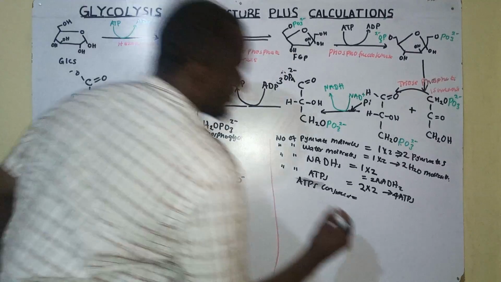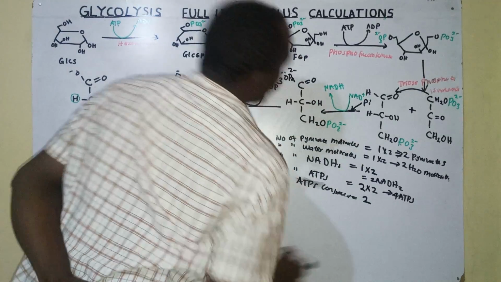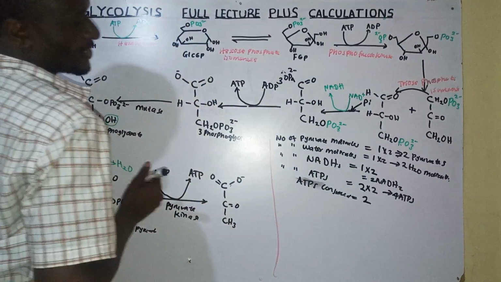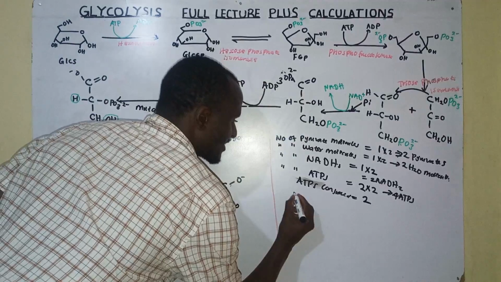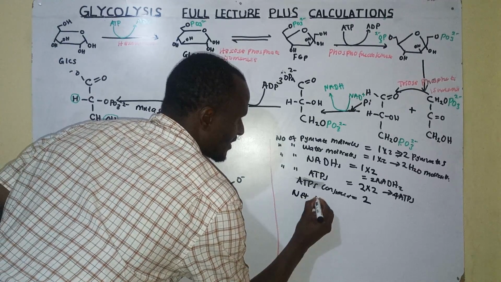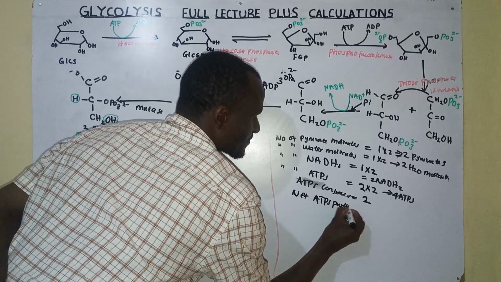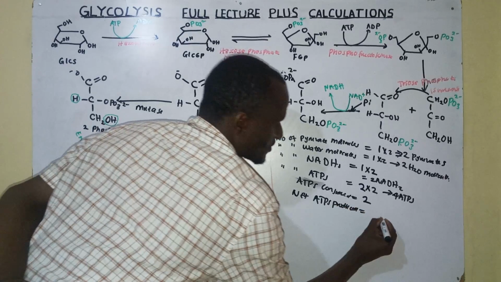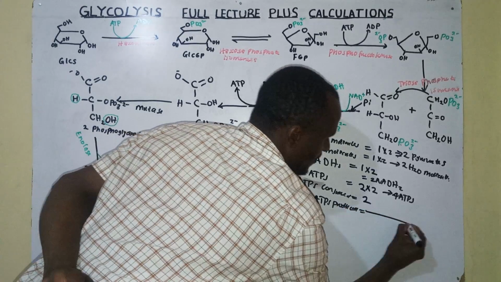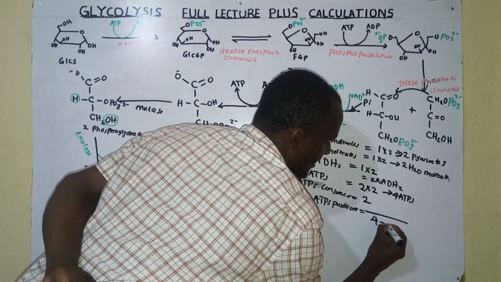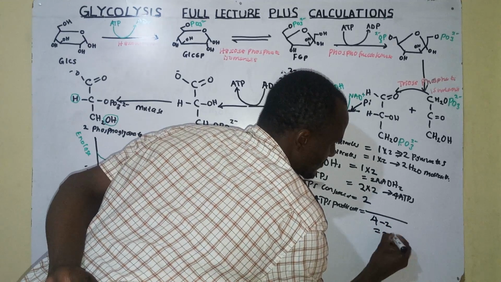So those are 2. At that point there is no branch. So we want net ATPs. Net ATPs produced is equal to 4 minus 2, which is 2 ATPs.